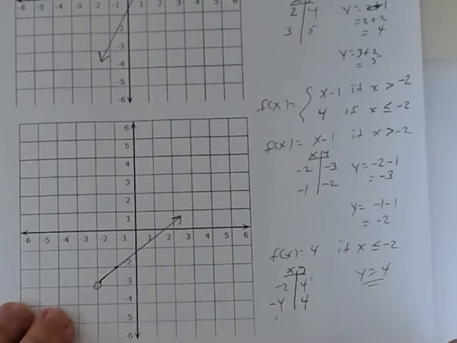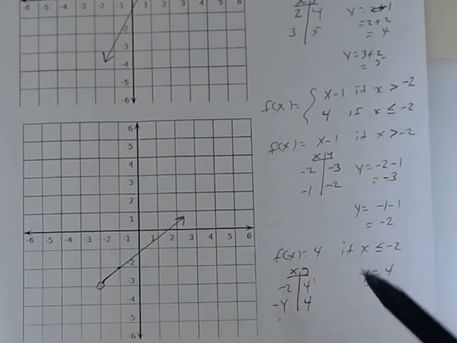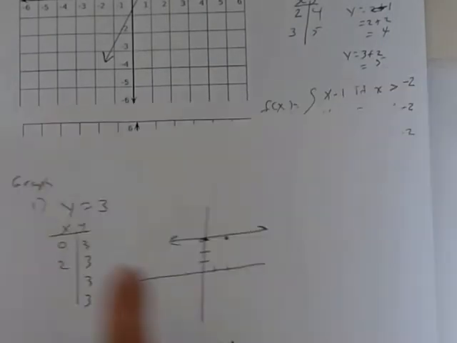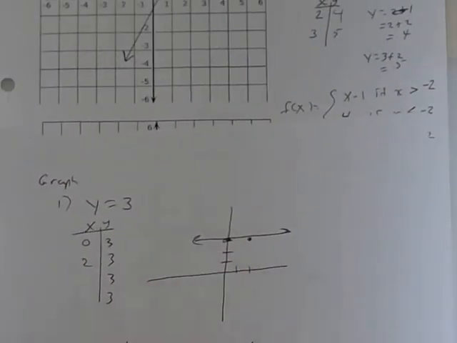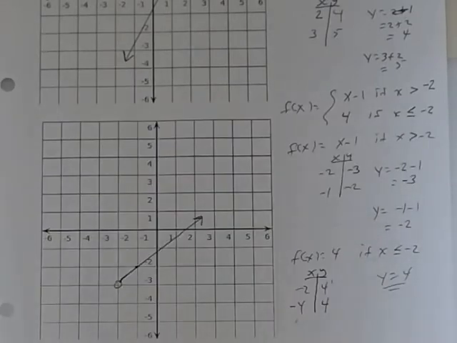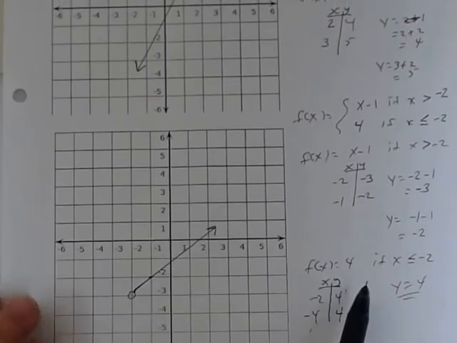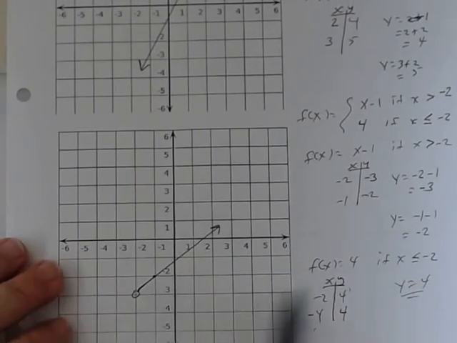Okay? All right. So to have done that one, you had to remember this from a couple of semesters ago, how to graph horizontal and vertical lines. They're all rays. Well, you start where? It helps if you plot the points, right?